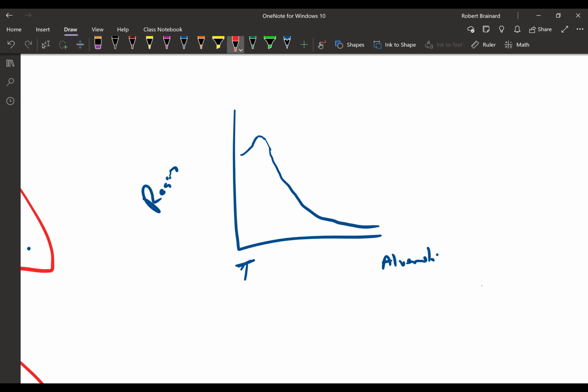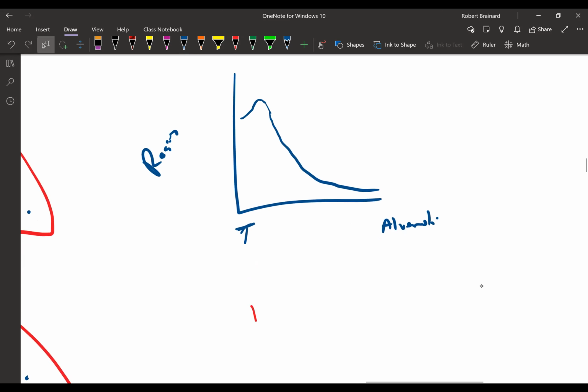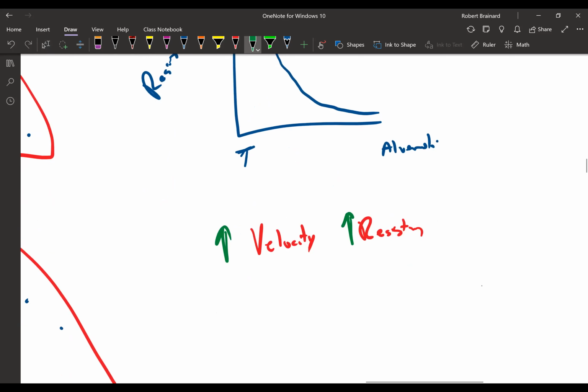We said that velocity contributes to resistance. If you increase velocity, you're going to increase resistance. Because what is resistance to? It's resistance to flow, right? So if you increase velocity, you are inherently going to increase resistance to that velocity. The opposite is true.